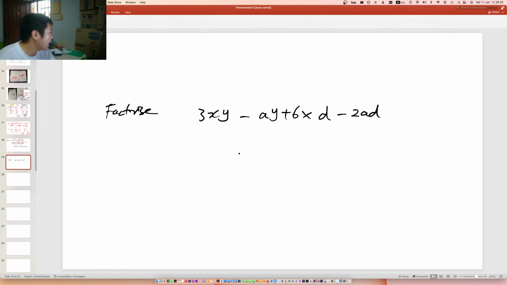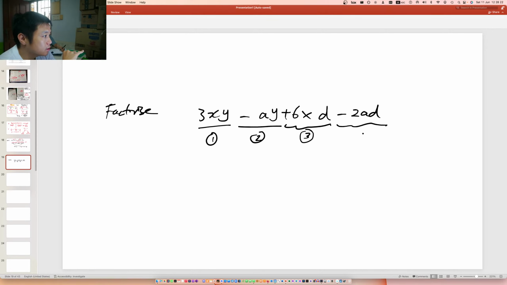I hope you remember how to factorize 4 terms. This is 4 terms: xy minus ay plus 6xd minus 2ad. So I have 4 terms, right? 1, 2, 3, 4. So when you have a 4-term factorization, you need to do what?